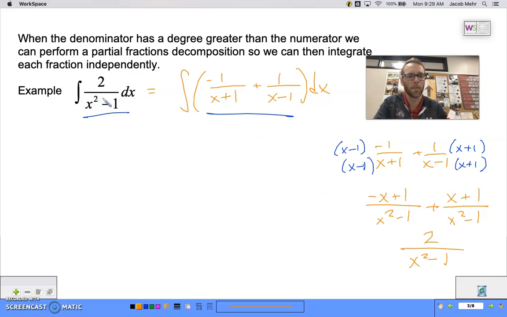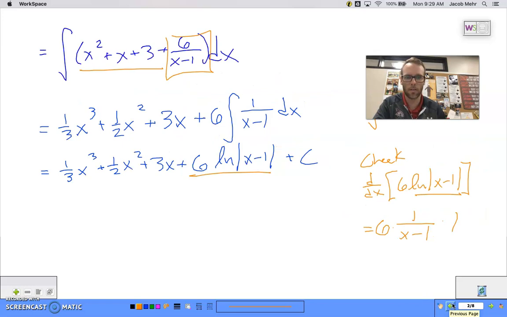Now, what's the advantage to writing it out this way? Well, when I look at this integral, because we can split this up into two separate integrals, in fact, let's take the negative out of this one and just put it out front. This reminds me of this right here.